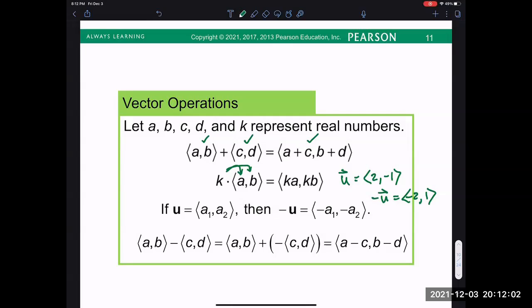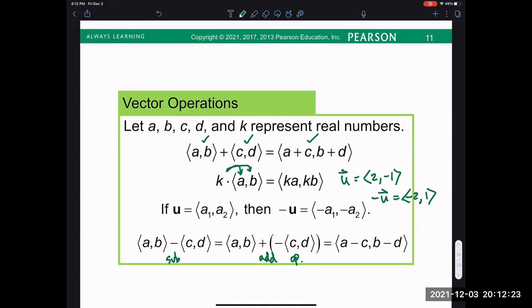And then, like we did graphically in 7.4, the way we do subtraction of two vectors is we think about subtraction of two vectors by adding the opposite vector. We basically change the sign of the second vector and then do addition.